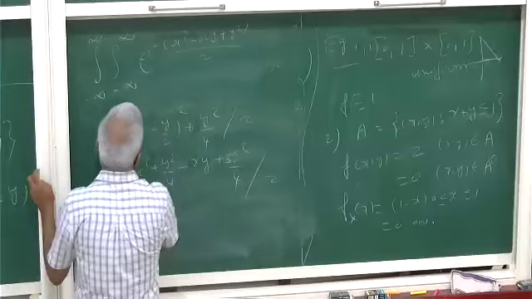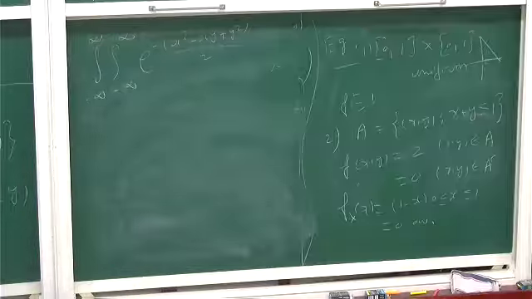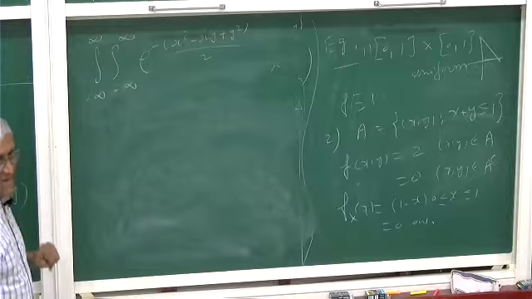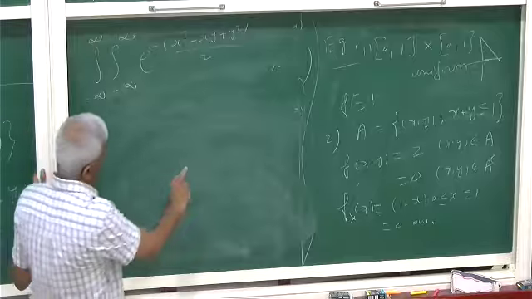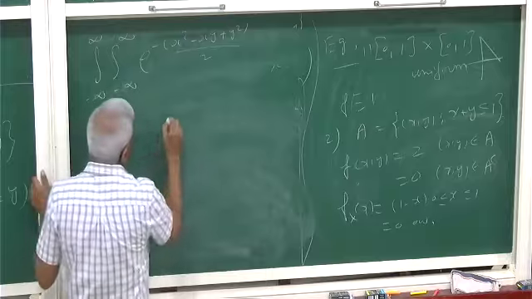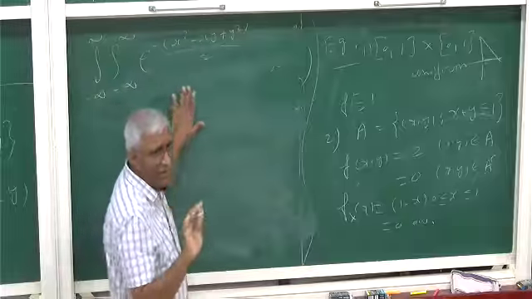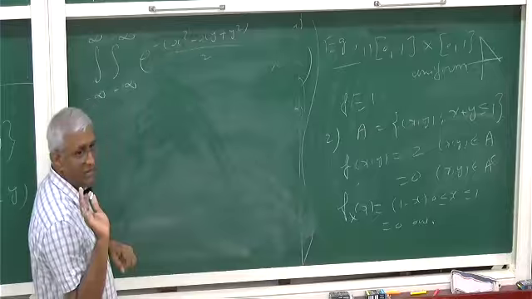Now, when you write it like that and do the change of variable, you use the Gaussian density. Everyone remembers it, I believe.